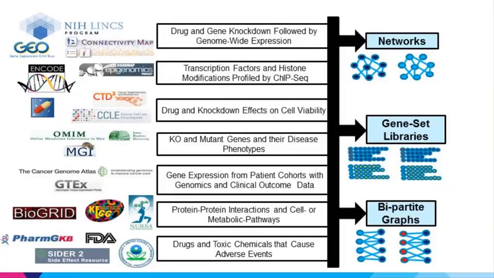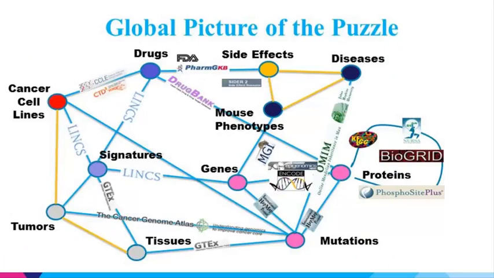Here is a list of the various categories of resources that can be converted into gene set libraries, networks, and bipartite graphs. And this is a description of a network that shows how all those resources can be bound together to form a global puzzle that can connect genotype to phenotype.